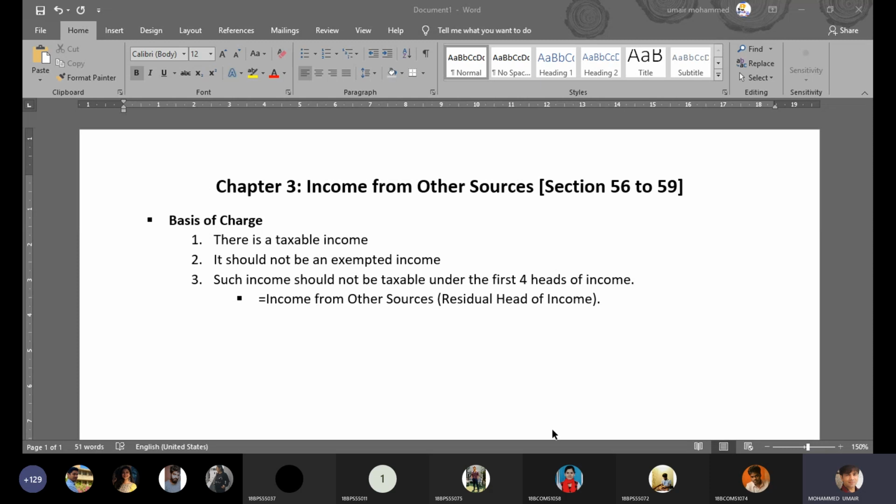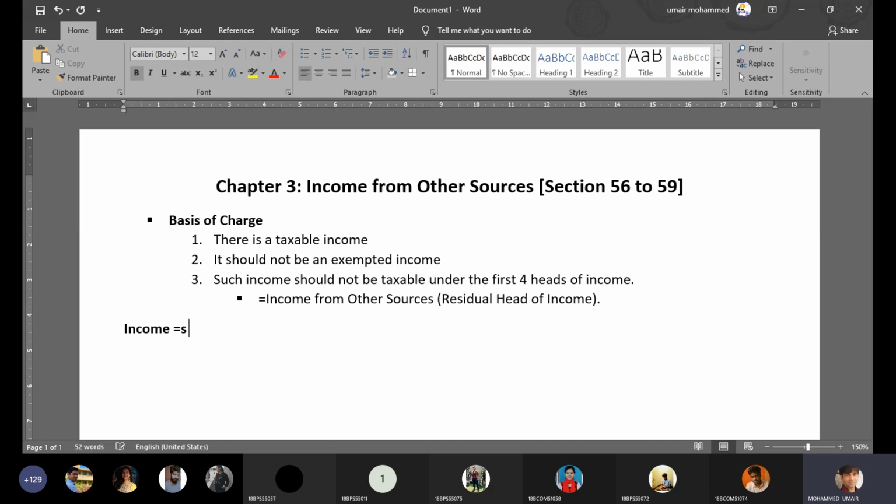We might not be able to discuss all because the list will go on. So we will discuss only certain incomes which are specifically taxable under the head other sources, and which are specially mentioned in section 56 subsection.